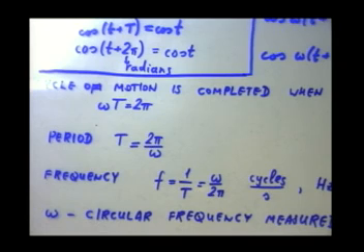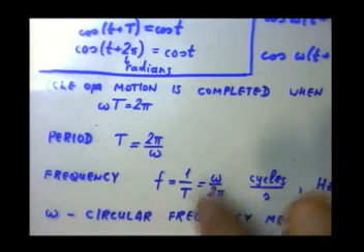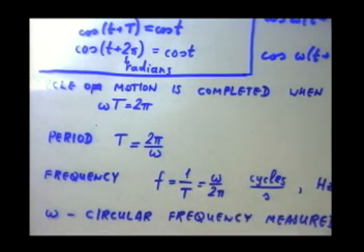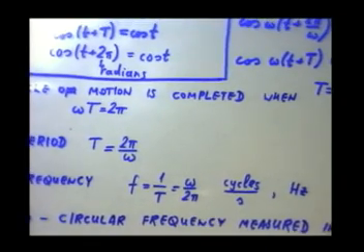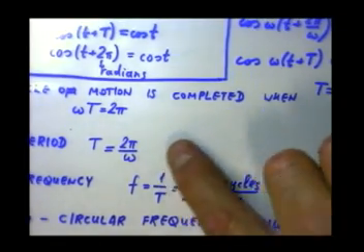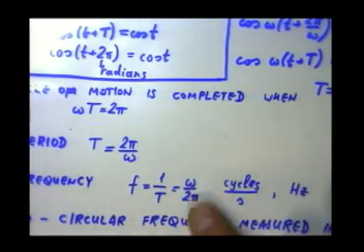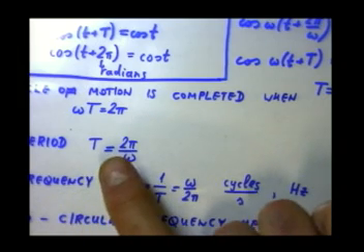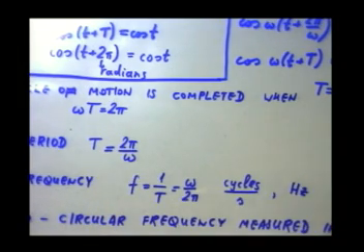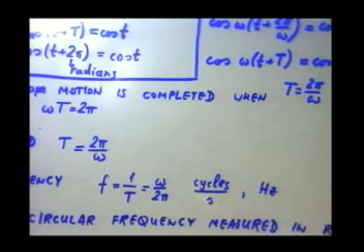So it is 1 divided by T. But that means it is the reciprocal of what I wrote here. So it is omega divided by 2 pi: 1 divided by the period, 1 divided by 2 pi over omega, is omega divided by 2 pi. And that is cycles per second, the cycles per 1 unit of time, per 1 second.